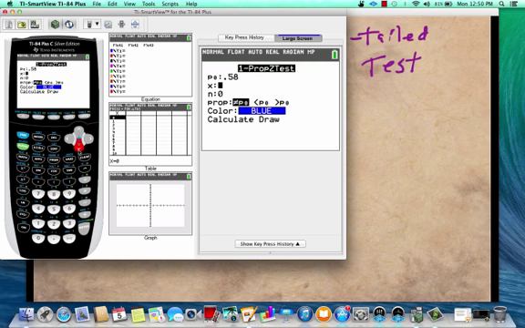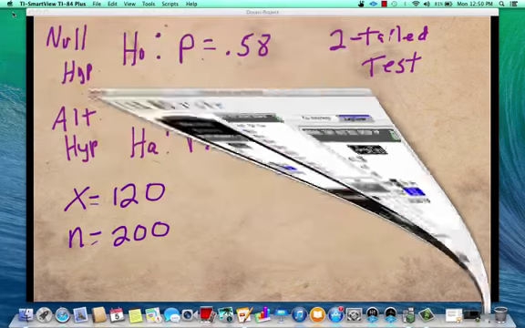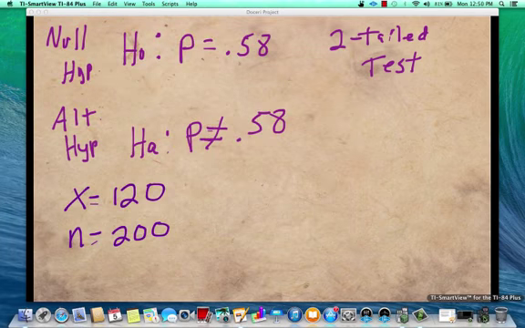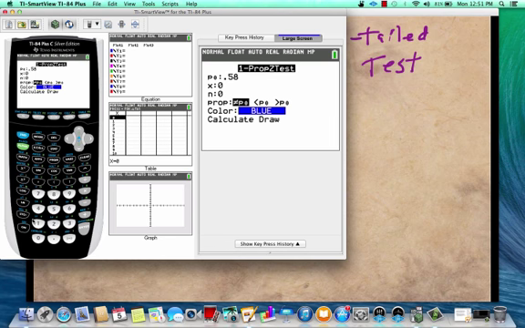My X, what did we say X was? 120. And then my sample size was 200. Now we're just checking to see if it does not equal, so we want to make sure this is highlighted. Then we'll scroll on down, go to Calculate and hit enter.